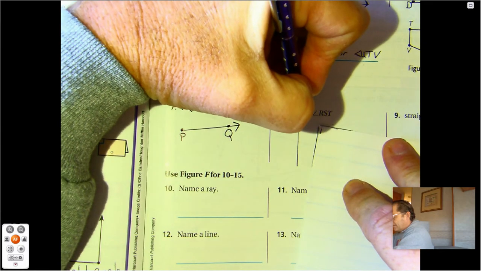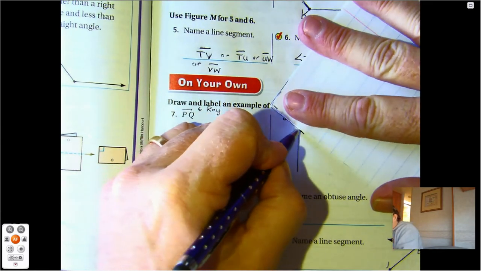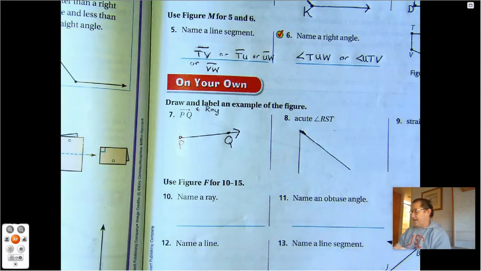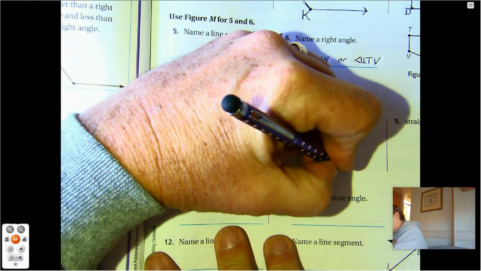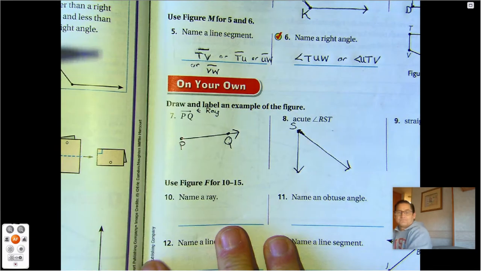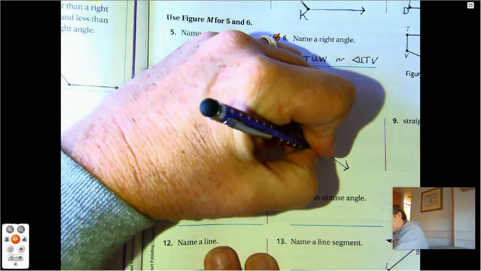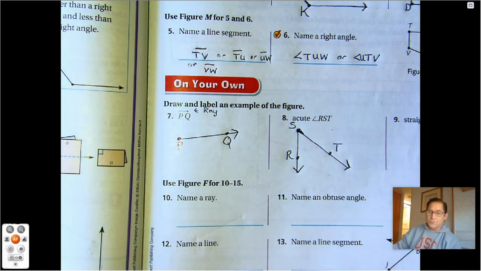So it has to come in less than a right angle. And the S is in the middle. The R can go there, and the T can go there. Angle RST is acute.